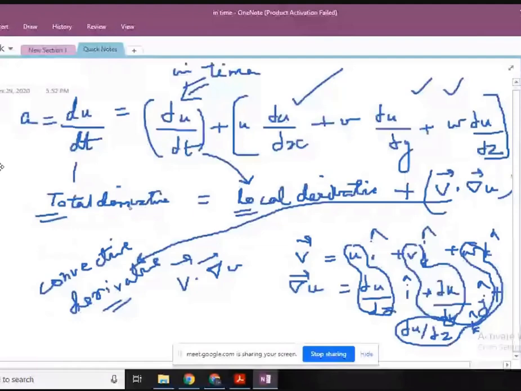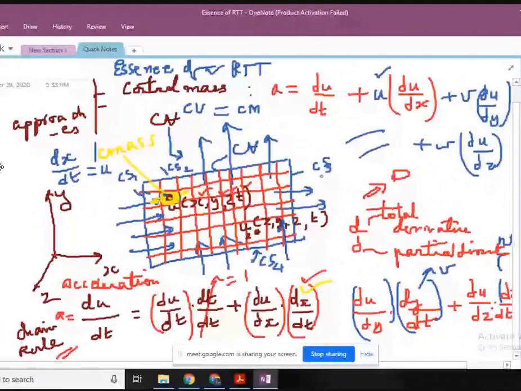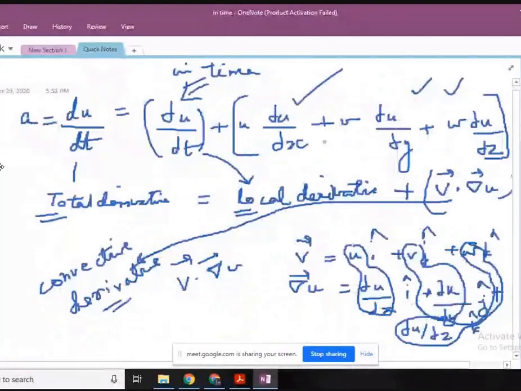Anybody? Okay, I am trying to make you think how these quantities which I have written in the equation physically make sense. I was asking, if I want to track the change of a property in time alone, how the measurement setup should be located.